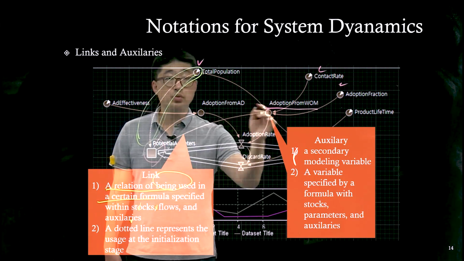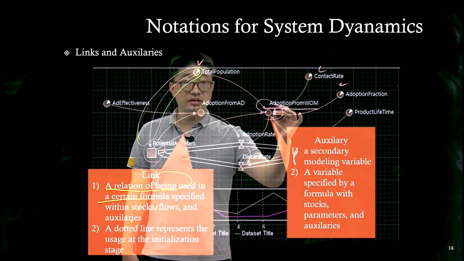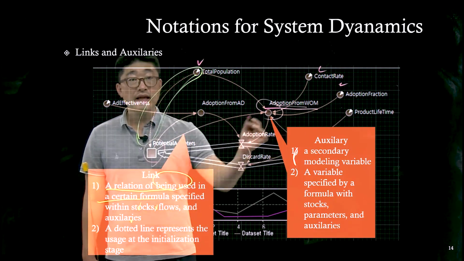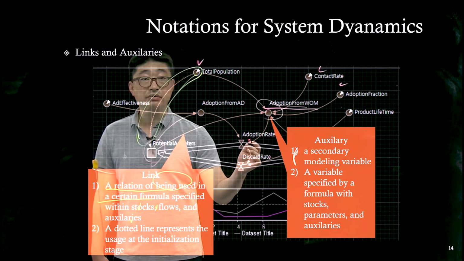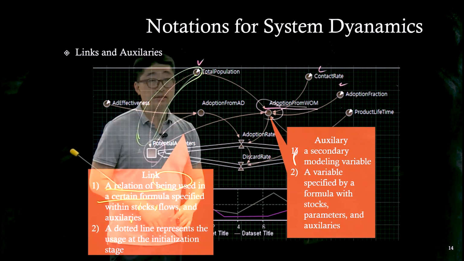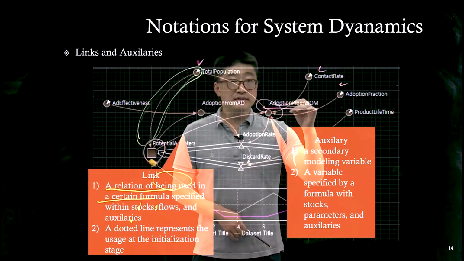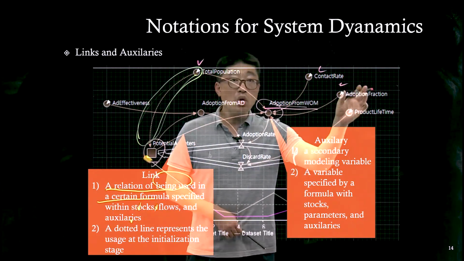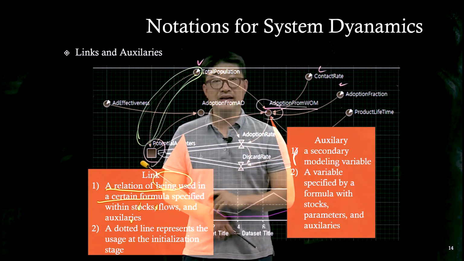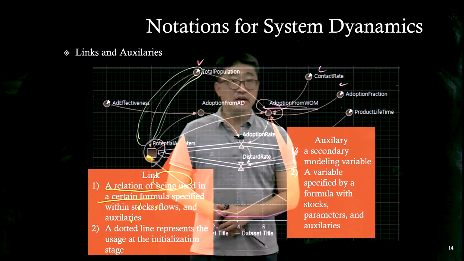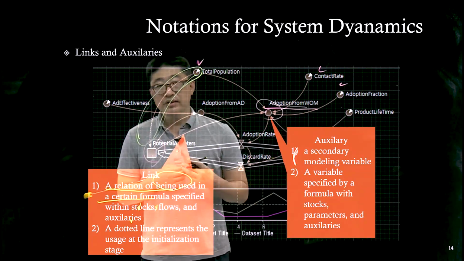All four links come into this auxiliary, which is then utilized in the adoption rate. Otherwise all of these would be linked directly to the adoption rate to be used in the rate formula, which makes the model too complex.